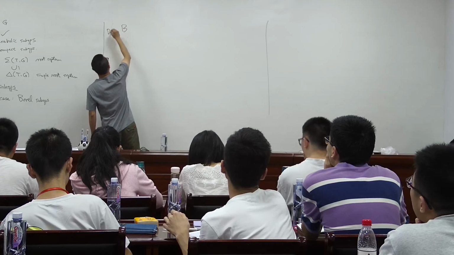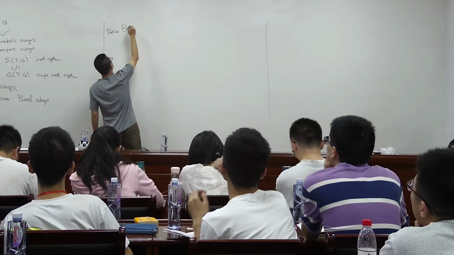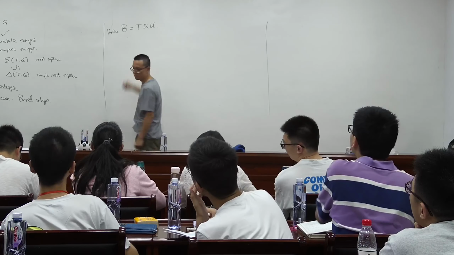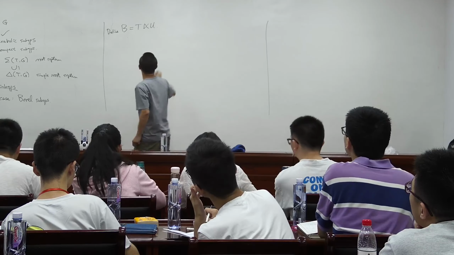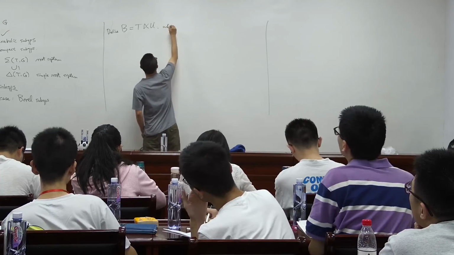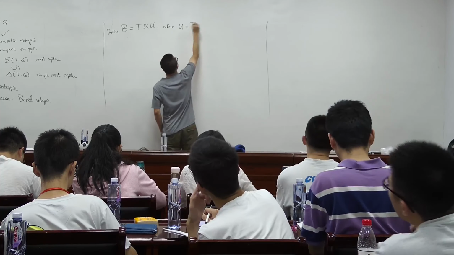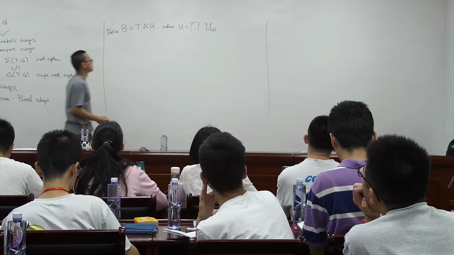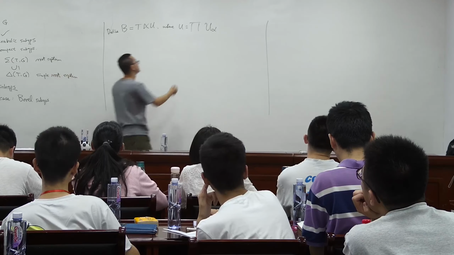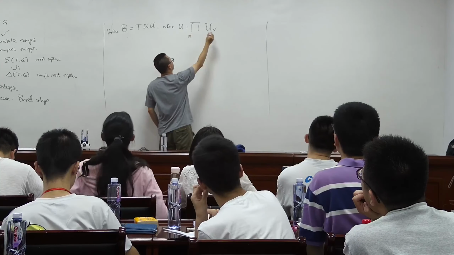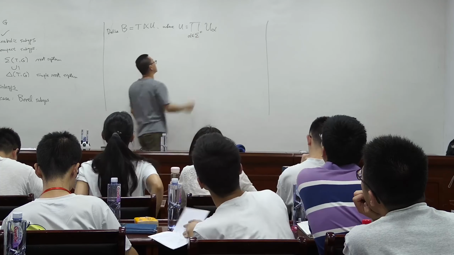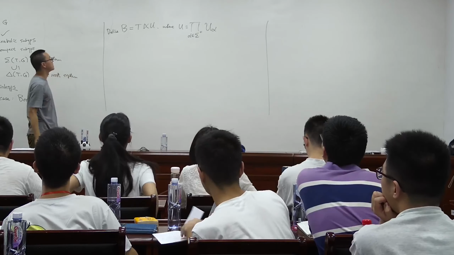We define this group B to be T semi-direct product with U, where U is, remember all these U alphas, they are the one parameter subgroups, and I take those alpha in the positive root system.